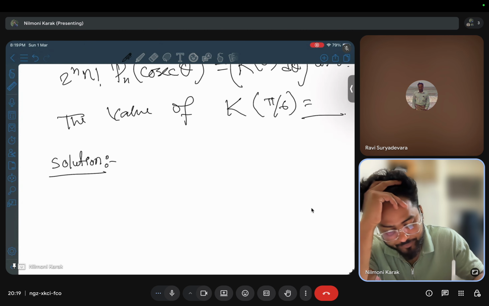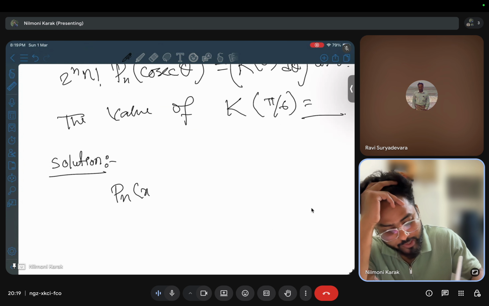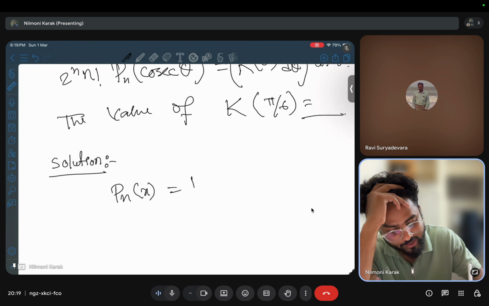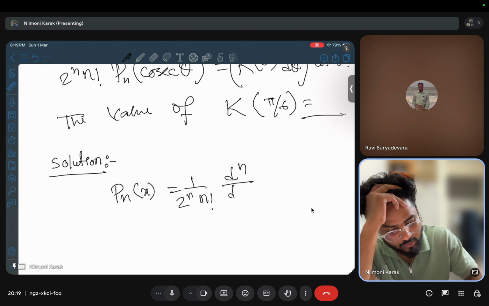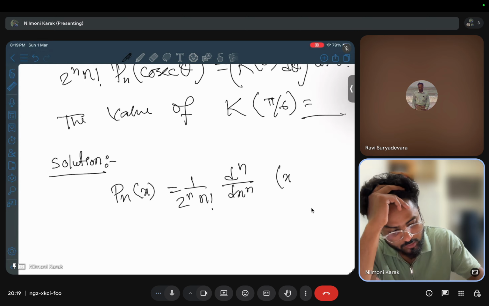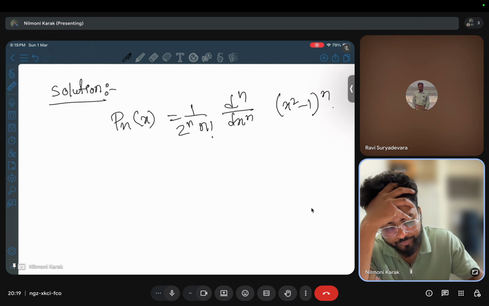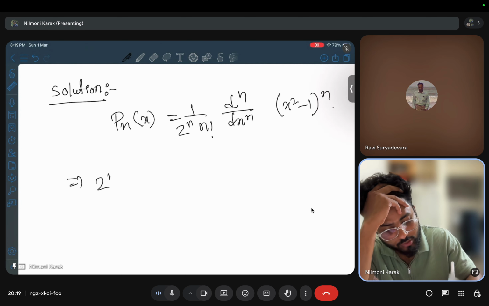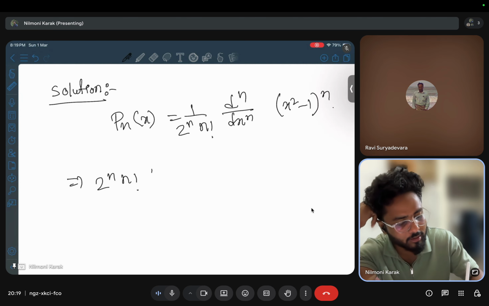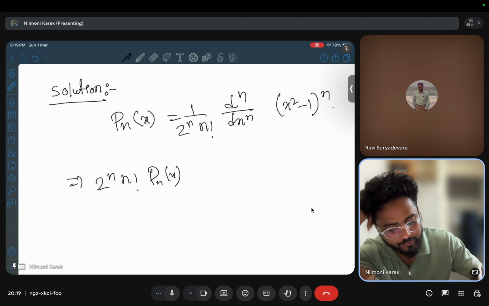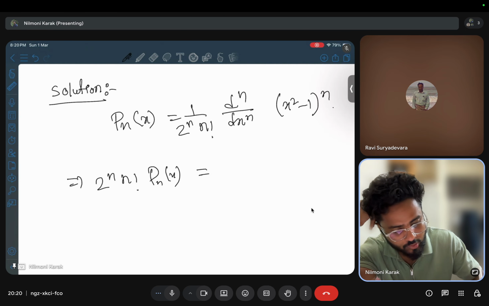So Pn x, again I am writing the same formula: 2^n times n factorial Pn x equals d^n/dx^n of (x square minus 1)^n.